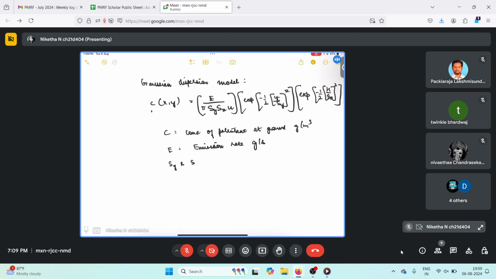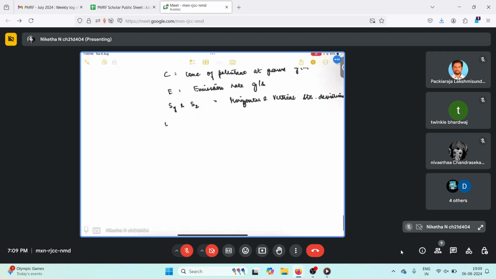So SY and SZ are the standard deviation in horizontal and vertical directions. And U is your wind speed. X is the downward distance from where you want to measure the pollution.